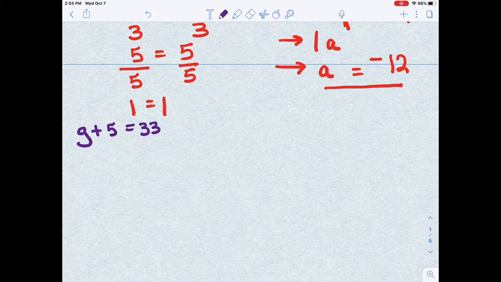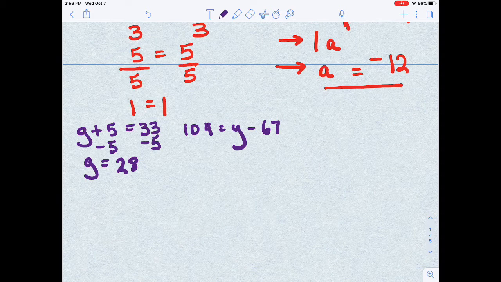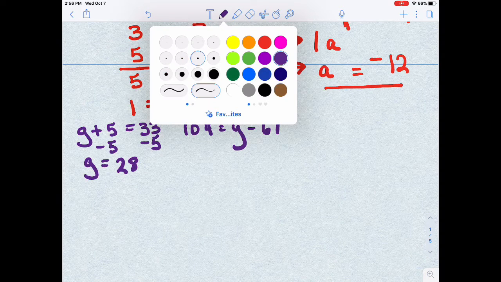I want to use the subtraction property of equality in order to get g by itself. How about 104 equals y minus 67? And remember that you can pause this and try it yourself.